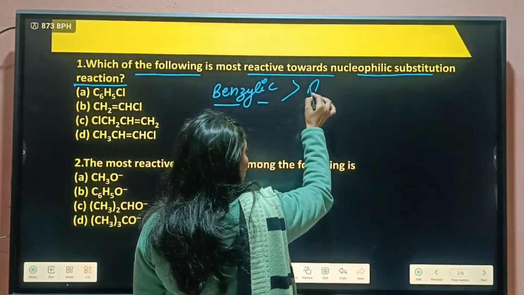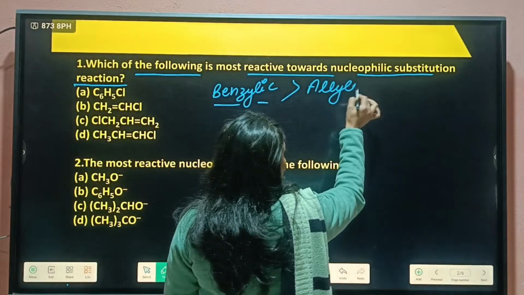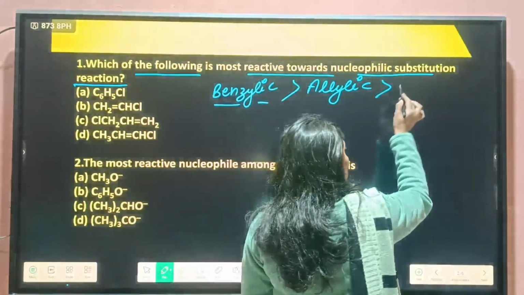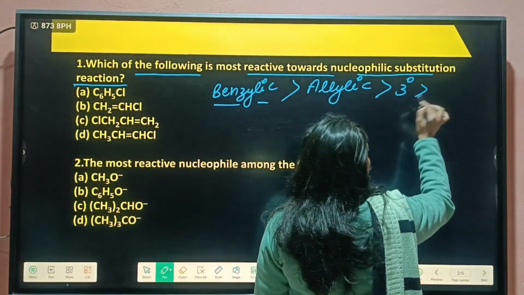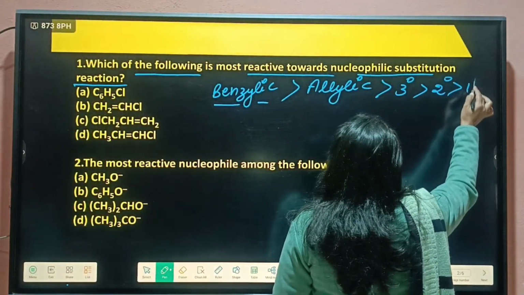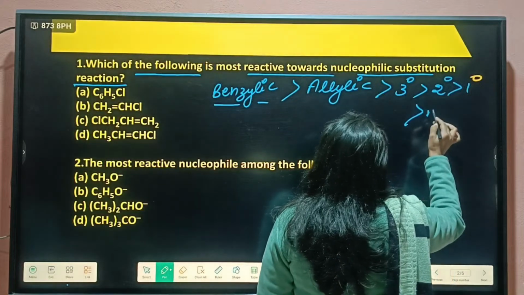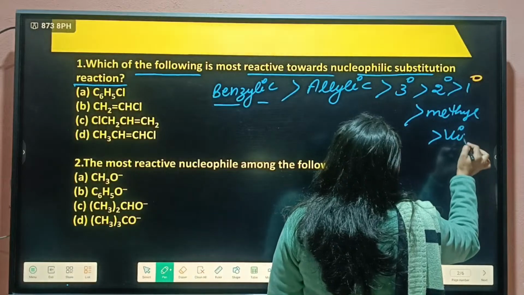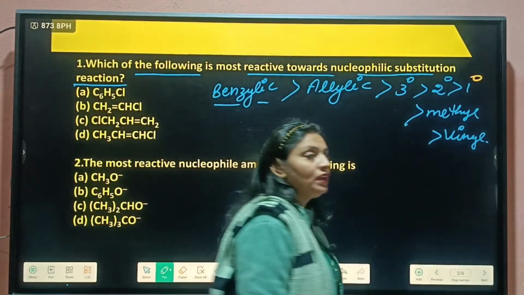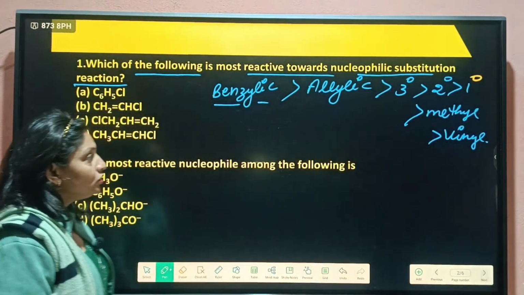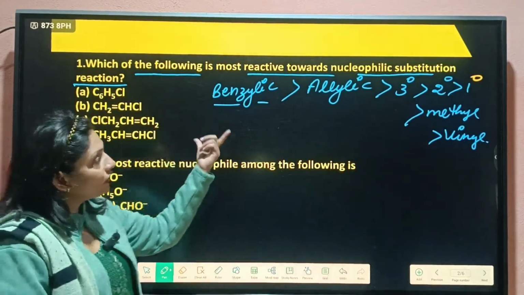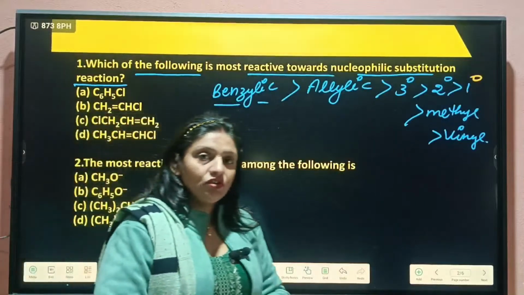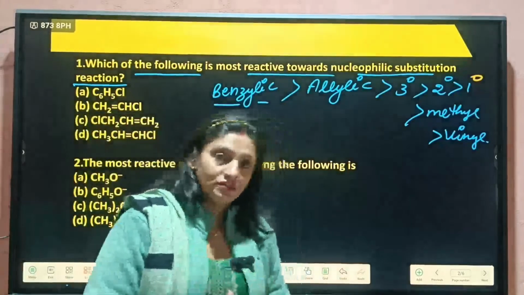After that, allylic halide, then tertiary halide, then secondary, then primary, then methyl, then vinyl. So this is the order, you know very well. Then students, you will follow this order, and according to this order, you will select the correct answer.